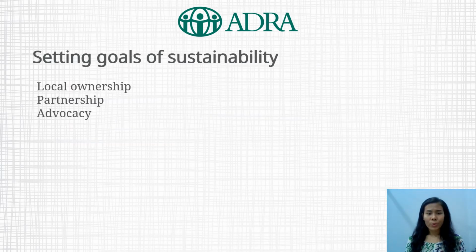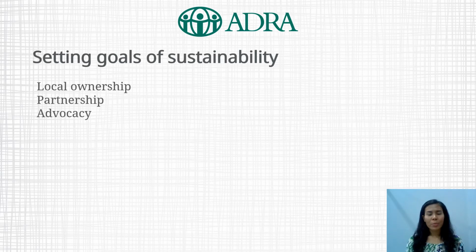And setting goals of sustainability. These are just a few examples. So local ownership. So what will Bright do so that local ownership is there? Maybe to integrate into the community, to be accepted and well used by the community, and also to institutionalize into the local system and to make it part of a larger network of services and resources.